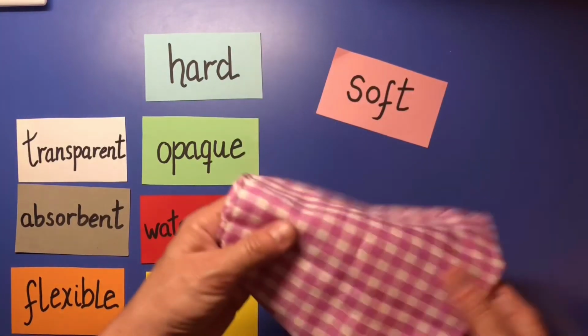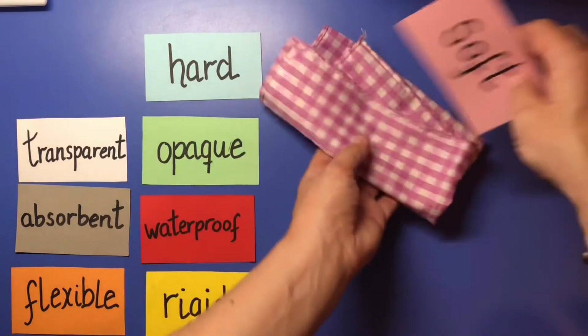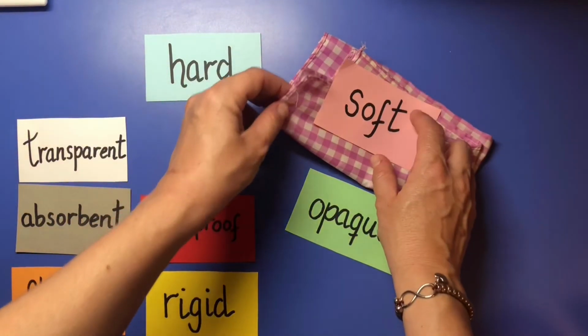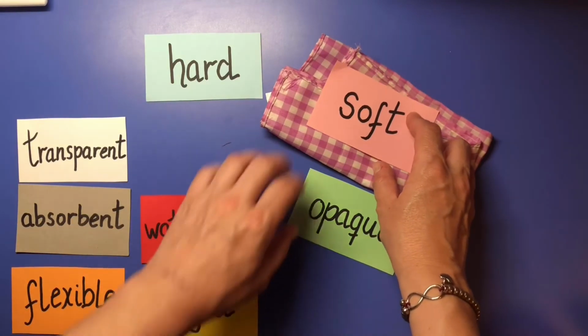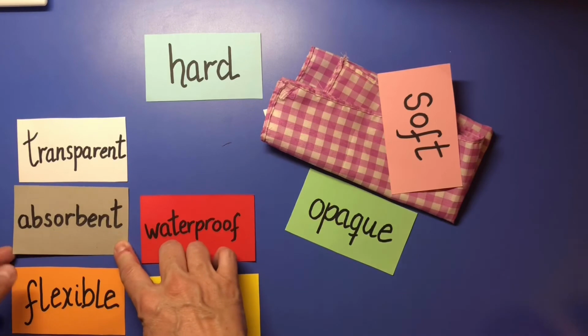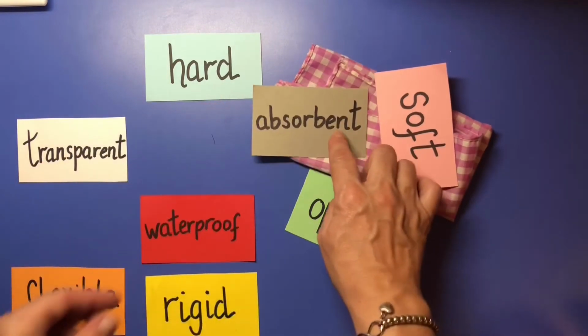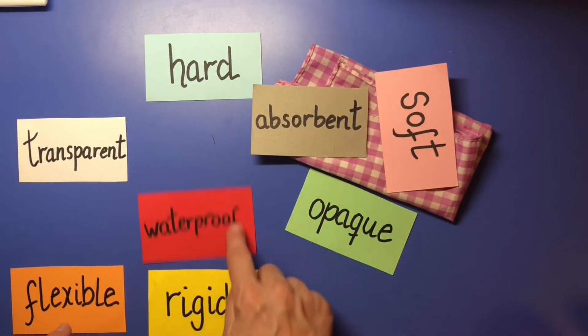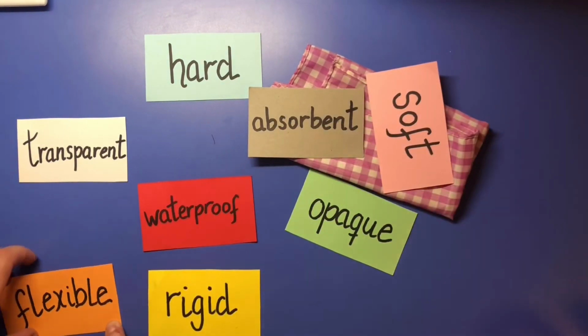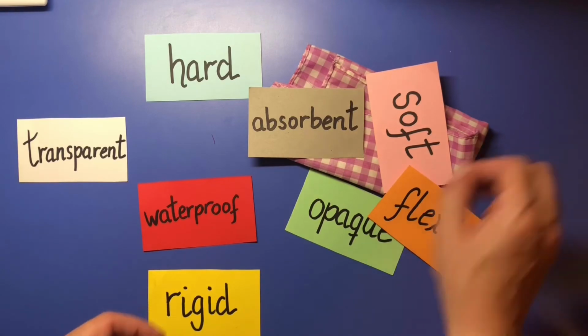No, because it's opaque. And do you think it's absorbent or waterproof? Very good. It is absorbent. And flexible or rigid? It's flexible, because you can bend it.